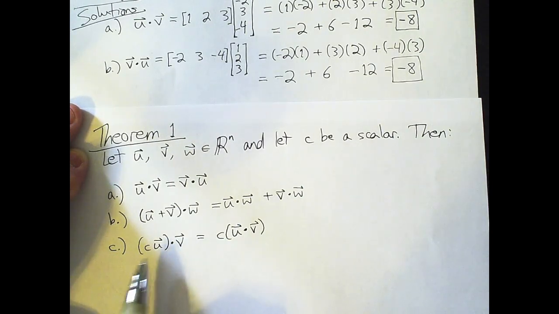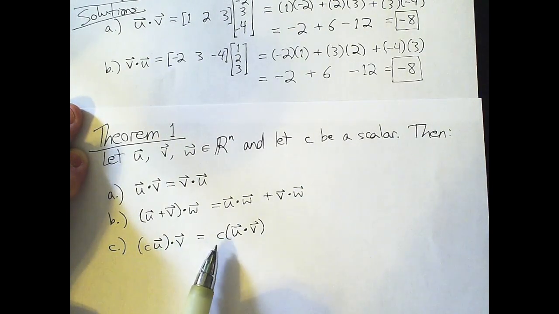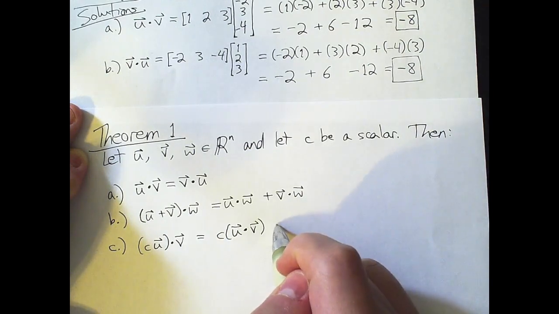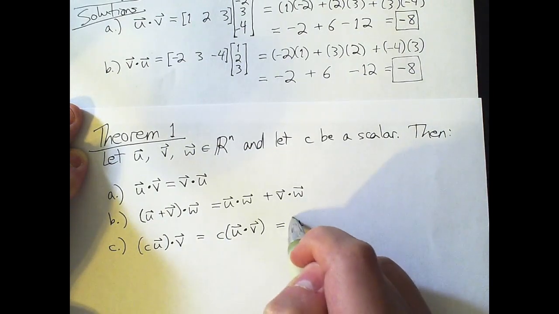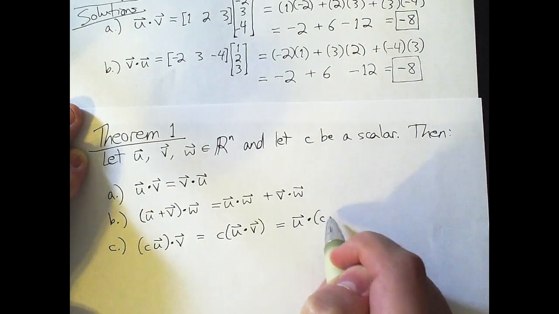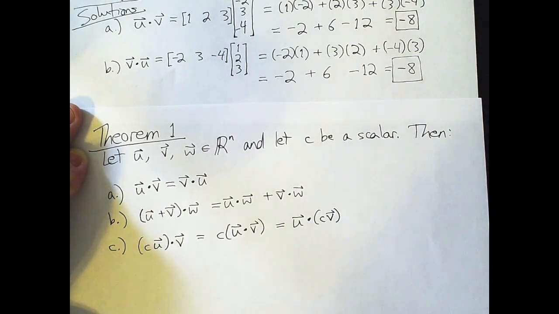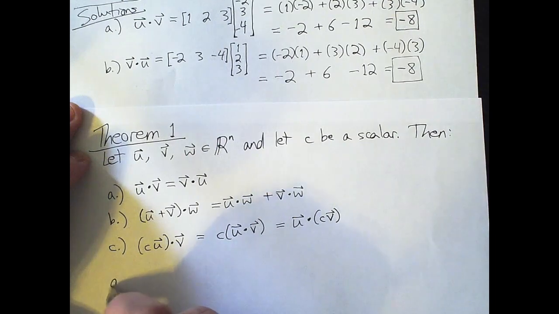So you can either multiply by the scalar first, or you can multiply by the scalar afterwards. And that's also equal to u dot cv. So the scalar can actually appear in any of these 3 places, and it still gets us the same result. Oh, I said there were 4 properties, so there's one more.